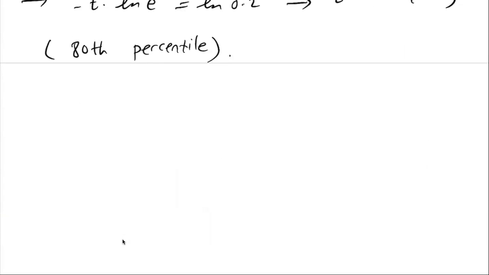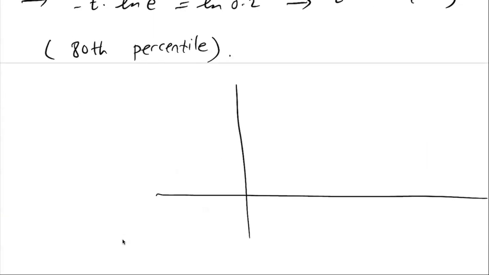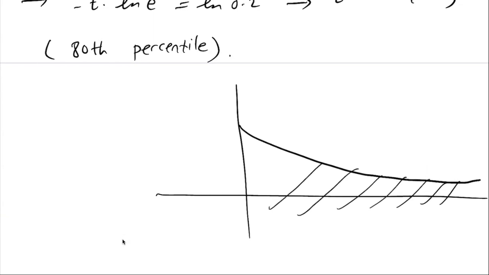If I want to explain what happens here, see, for example, this PDF was e to the minus x for x bigger than 0. So it would be a graph like this. And the total area is 1, because we know that the total area under small f is 1. So the total area is 1.